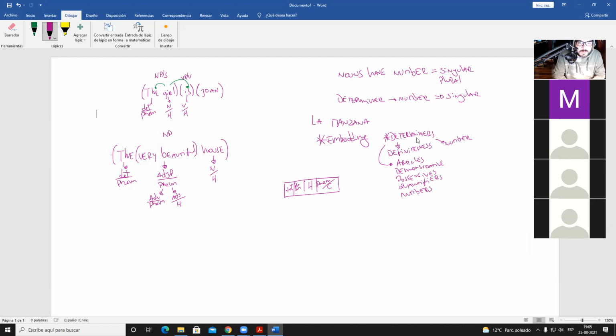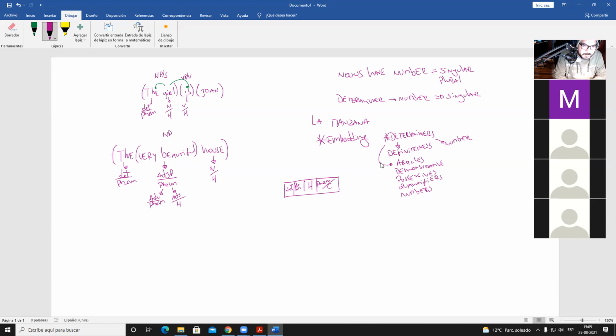Okay. So determiners provide definiteness or number. It is not one group of words, but several. So inside of this umbrella term, we will find articles, demonstrative determiners, possessive determiners, quantifiers, and numbers.